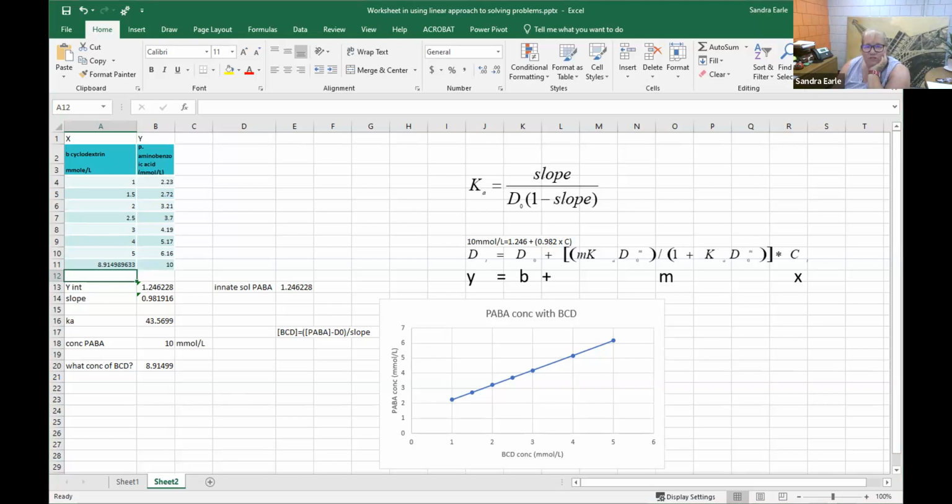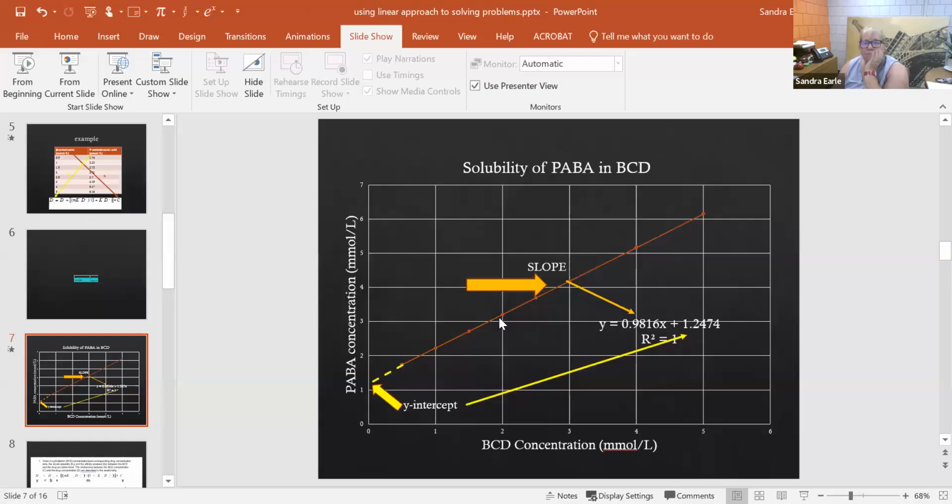Oh, and I probably should have shown you this slide first too. Let me just change this, so we're sharing the right thing here. So this is beta cyclodextrin on the x-axis, PABA concentration on the y. We get the slope of this line, and here's the equation of the line.